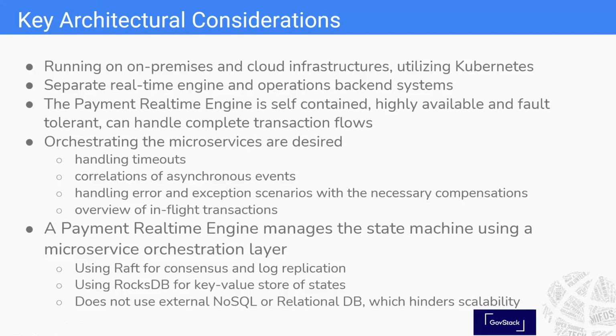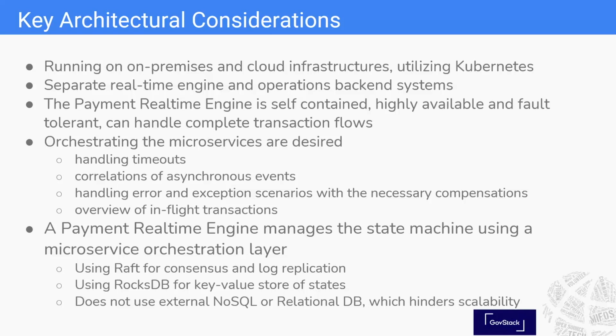We have separate real-time engine and operations backend systems. The real-time engine itself is self-contained. It's highly available and fault tolerant. So if a fault occurs, it can still complete transaction flows because it has resilience all the way through the way the real-time engine works.